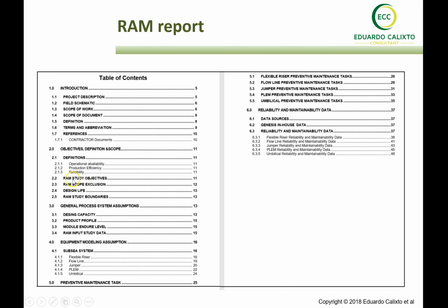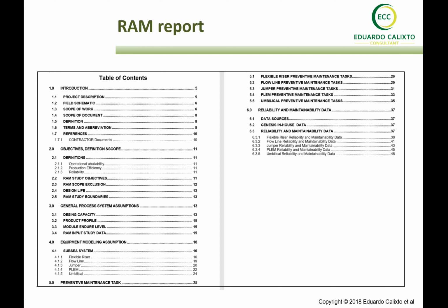But if it's very clear in the RAM study objective, that will be clear. We can also define some RAM scope exclusions, explaining why you do not consider some issues in a RAM analysis. The design life of the plant is important information that comes from the designer, and the engineer needs to check that this information is clear.